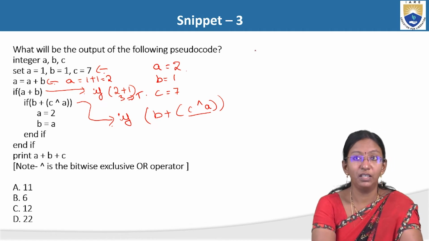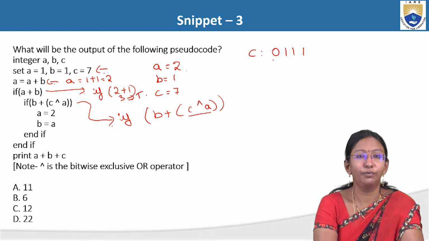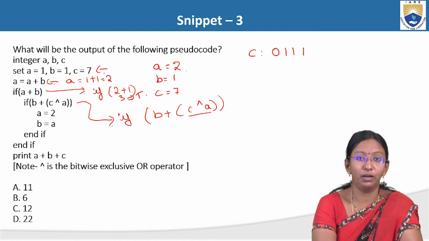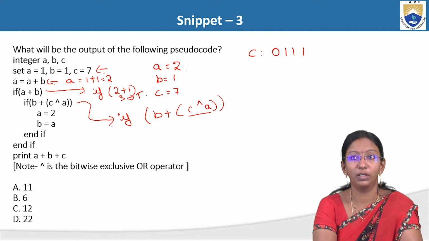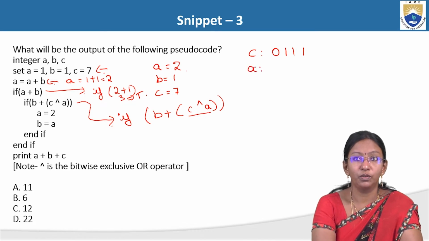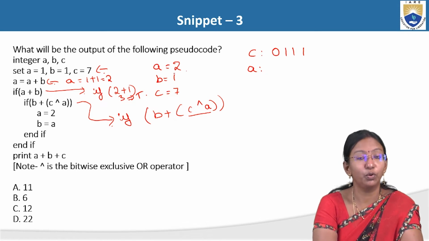The value of C is 7. If you convert that into binary, you're going to get 0111. 4 bits are enough for me. The remaining on the left-hand side will be zeros, so I'm not taking them as of now. A is 2. So take the current values, guys. Don't go with the values which are set, because in the next statement it has been overwritten.